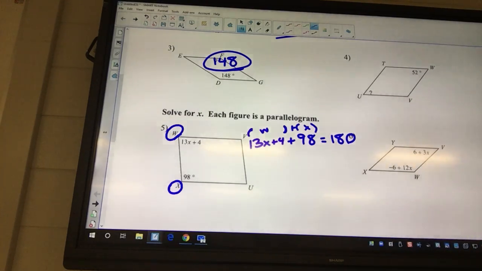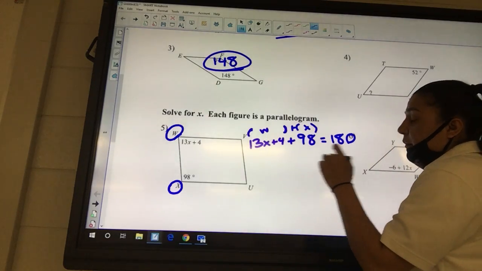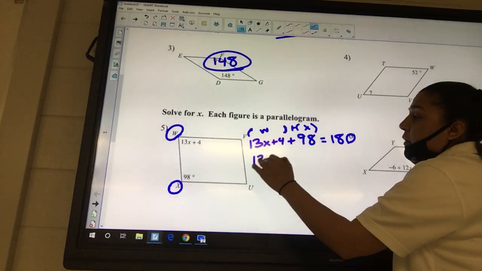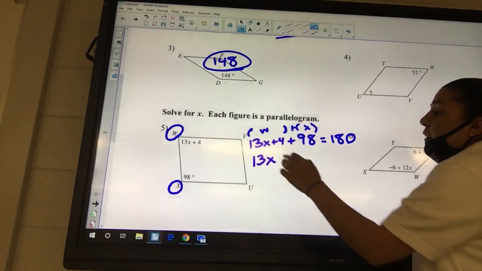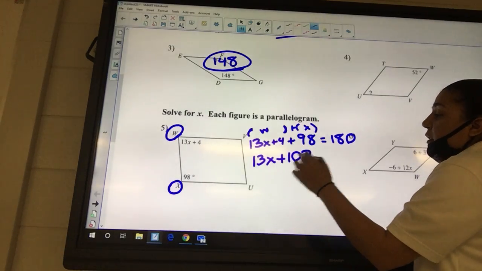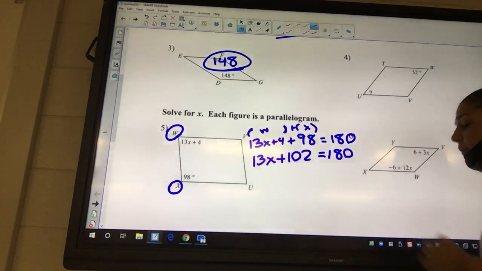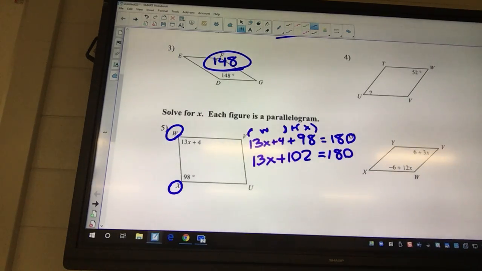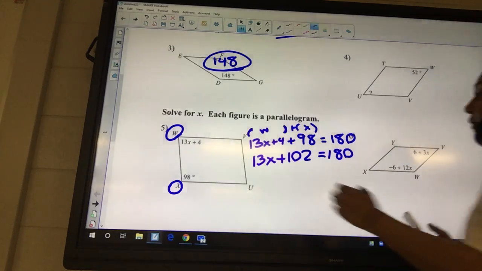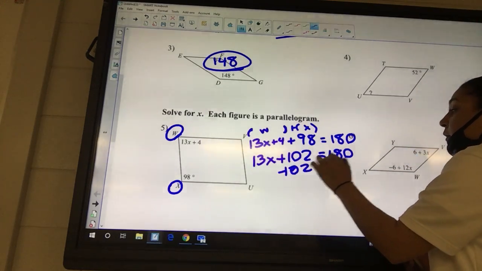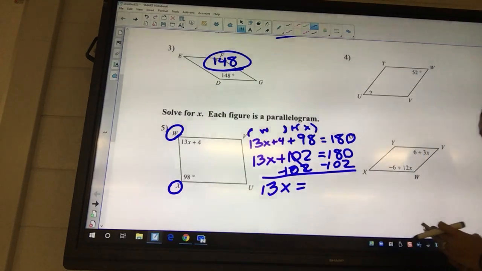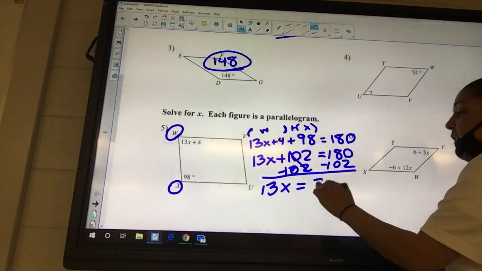Now we can combine our like terms. I have 13x plus 4 plus 98. What can we combine? Not the 13 and 98. The 4 and 98, so 13x plus 102 equals 180. What's our next step? Minus 102 from both sides. So 13x equals 180 minus 102, which is 78.